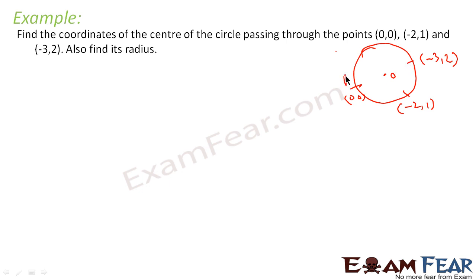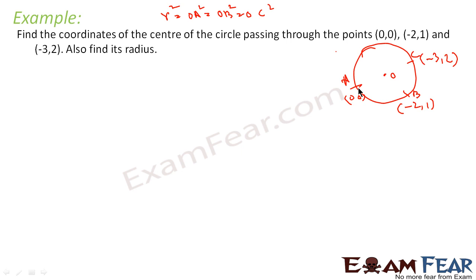So let's give the names A, B and C to these points. The radius is nothing but OA, and there are OB and OC. All are equal, so we can say the radius square is equal to OA square, OB square, OC square. Then we'll have these equations, and we'll solve them to get the values of x and y.